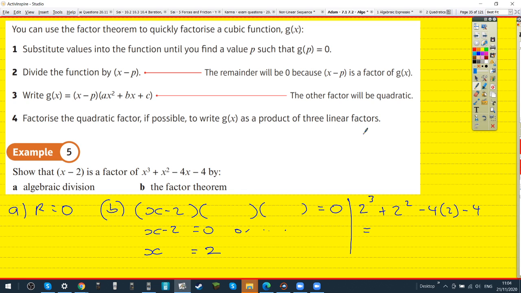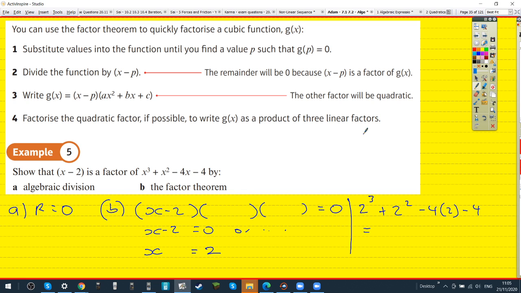What will you get? So minus 4 multiplied by the 2 in the brackets is just 8, right?